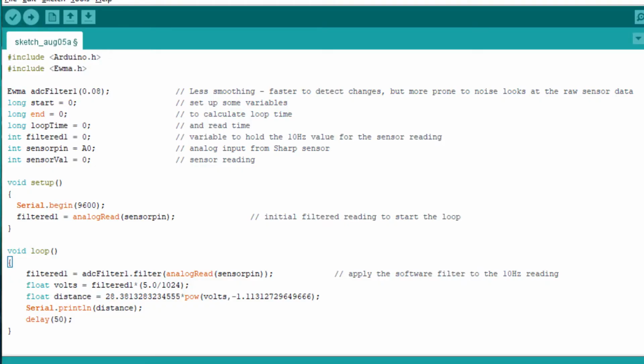Okay, let's take a slightly different approach. Perhaps we could look at a moving average of the value. So, here is a sketch that implements a moving average filter. It slows down the response a little bit, but that's not a problem in my project.